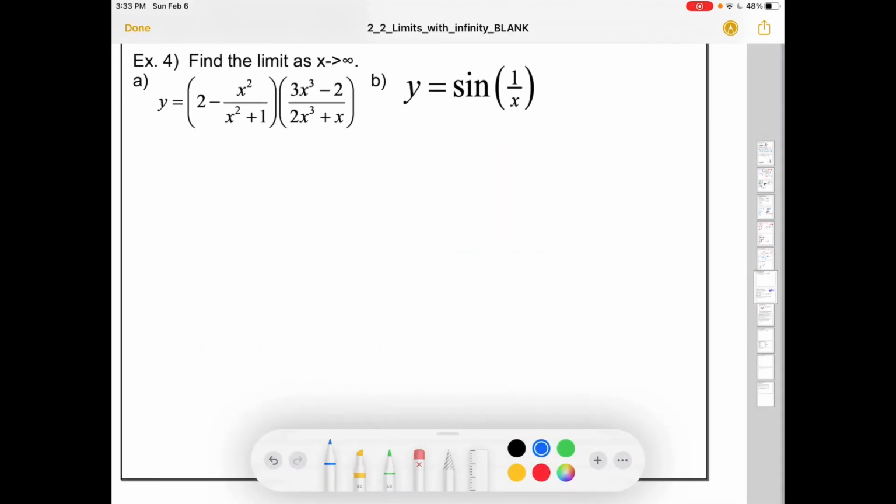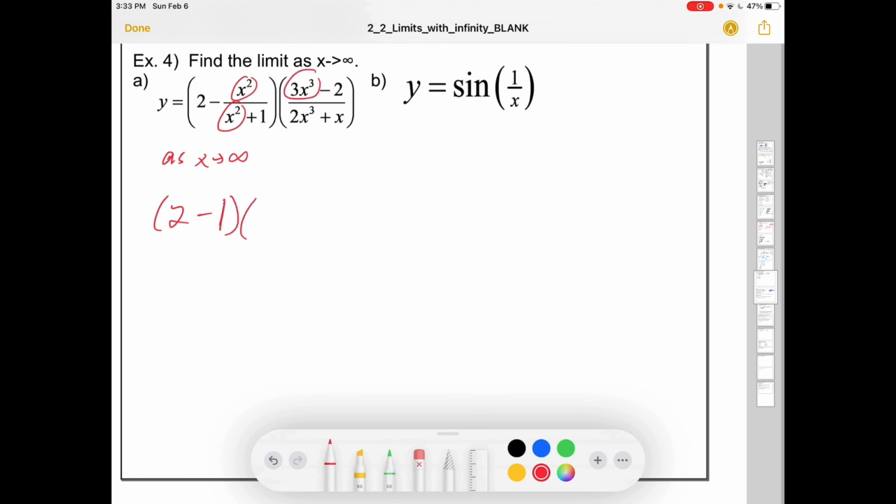Once we have this idea that we can look at the drivers and just imagine big numbers, some of these questions get a little bit easier. So if we want the limit as x goes to infinity on this one, what's going to happen? I can do this all in pieces. The 2 is going to stay at 2. This will be x squared over x squared, so those will just divide out and give us 1.